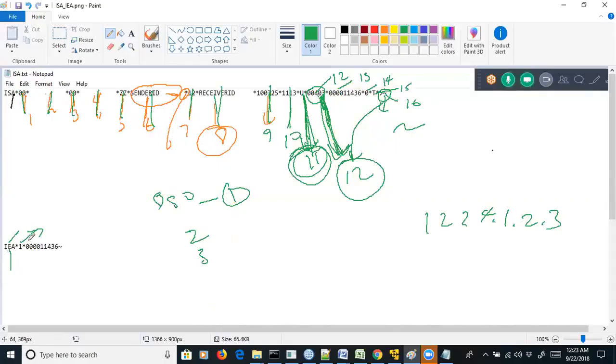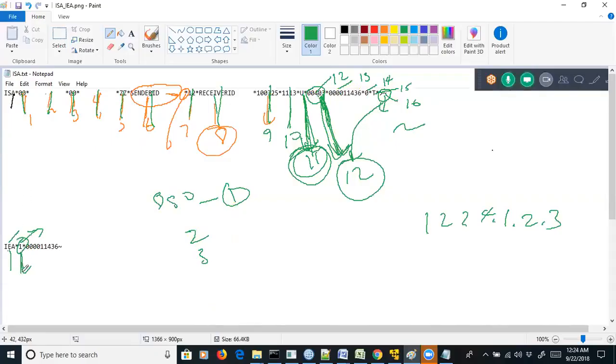The next element right now is 1, because this screenshot was taken from an ISA that contained only one GS. This second field tells you how many GS envelopes, or functional groups, this ISA contains.